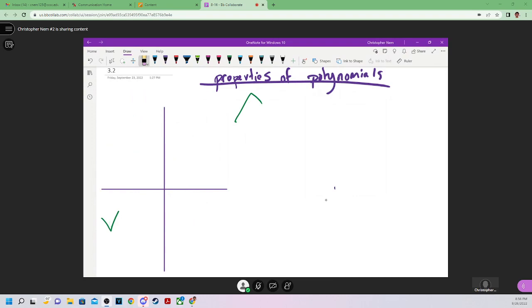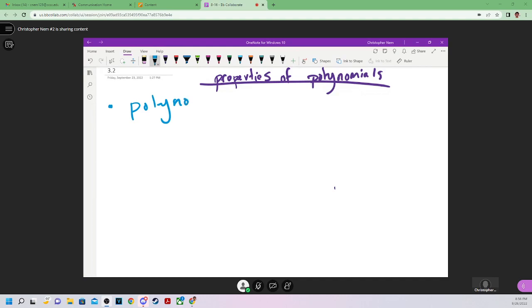In particular, the first property we need to make sure we understand is the terminology of smooth and continuous, especially if you're going into calculus. So we're going to say that polynomial functions, remember this, are smooth and continuous.